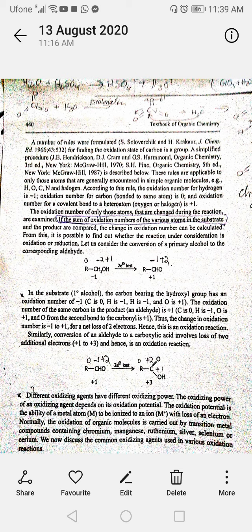Very simple rules can be applied. And what is the very simple rule which is applied for calculation of the oxidation state?